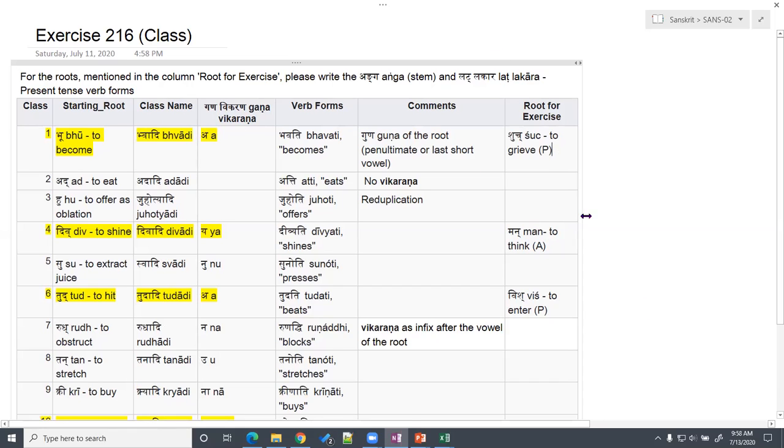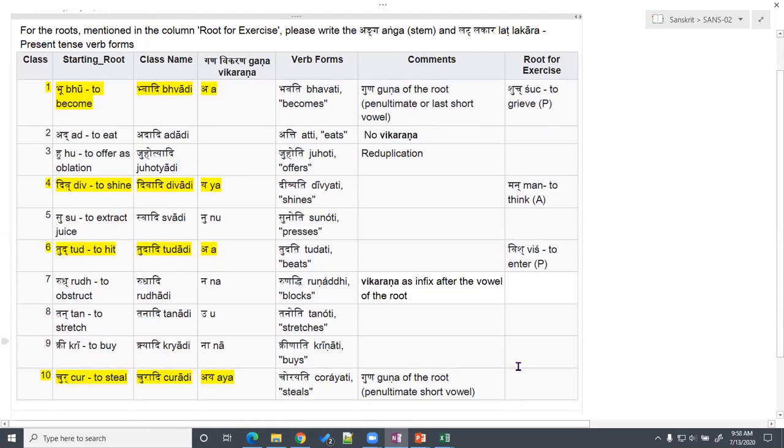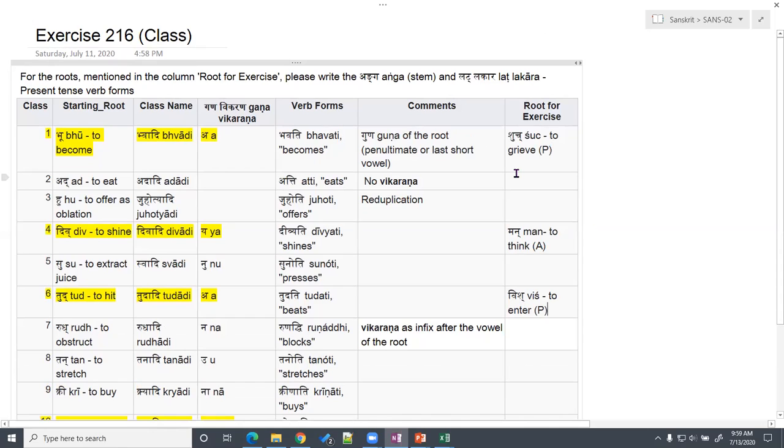So I have given which class this root belongs to. Man, this is atmanepadi, so you have to apply the atmanepadi endings. And wish, this is the parasmaipadi belonging to 6th. I have not given a 10th class root because it's the class work. But you understand the concept once you understand the stem formation. So this is the class work for these 3 roots. Only for lat lakara, please write the present tense verb forms after making the stem. So specify the stem and the lat lakara present forms.